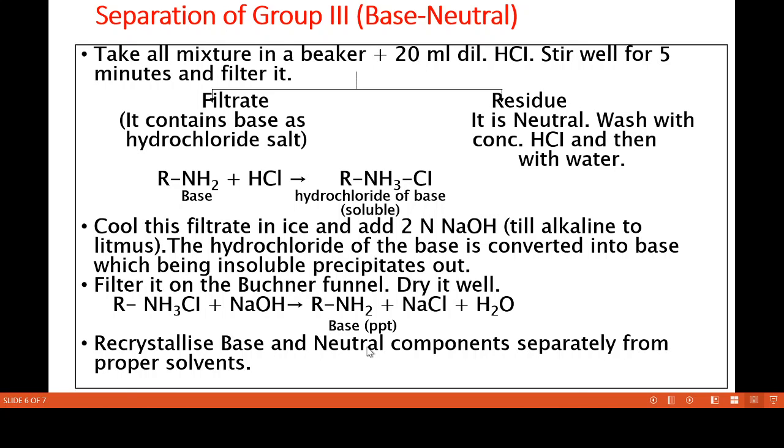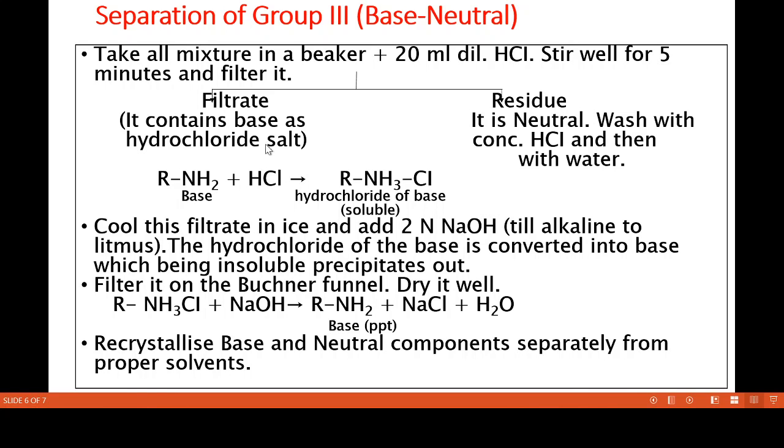Okay, it is clear. So I again repeat this last point: separation of this base neutral type of compound by group third. We take all the mixture, add dilute HCl, then filter that compound. We get filtrate and residue. Residue contains the neutral compound and filtrate contains the base compound.